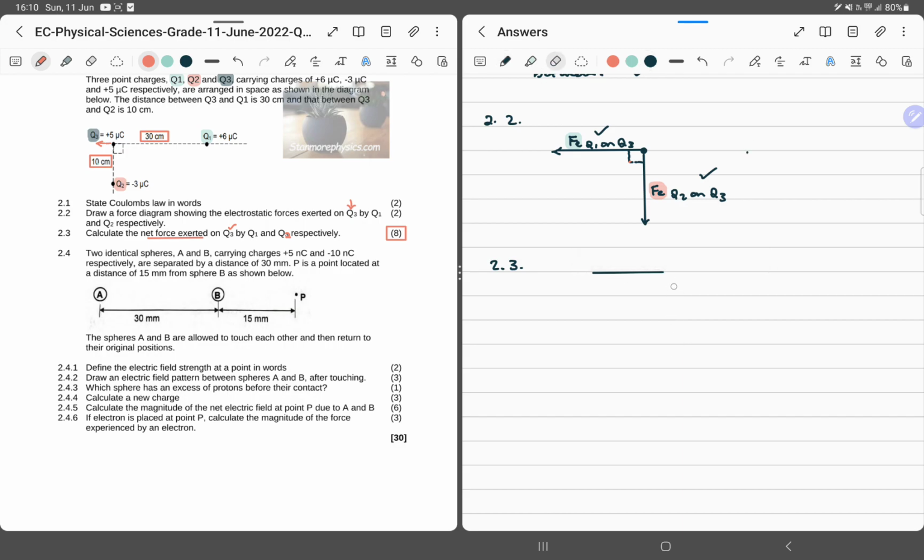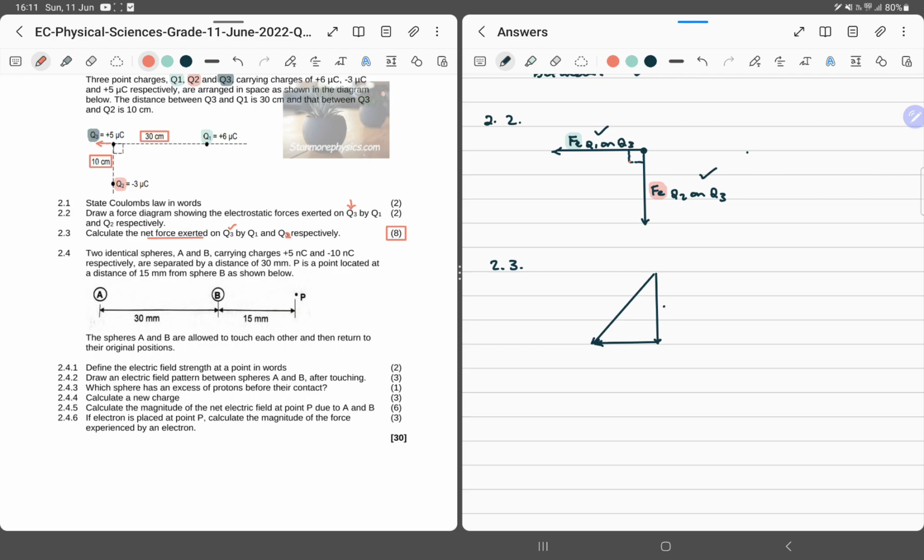Actually, let's just do it better. I think the head to tail method is going to be a lot better. Okay, so now if we shift that force to put it here, because we want the head to tail method, then our resultant force is going to go in that direction. Great. So there is our resultant force, there is our other force, and there is our other force.